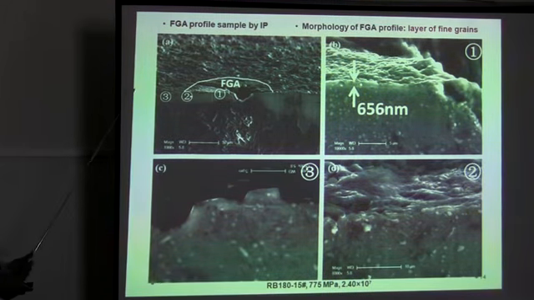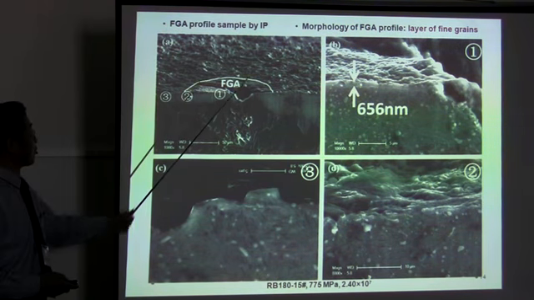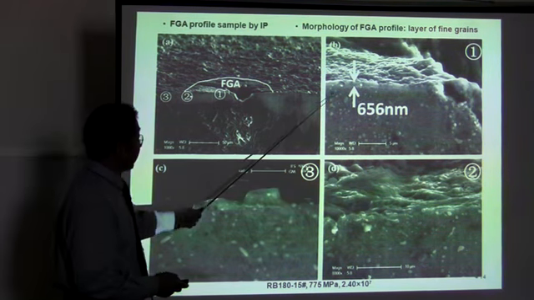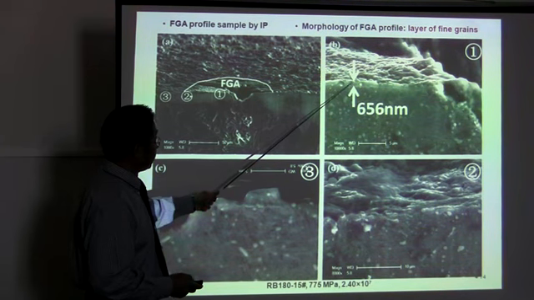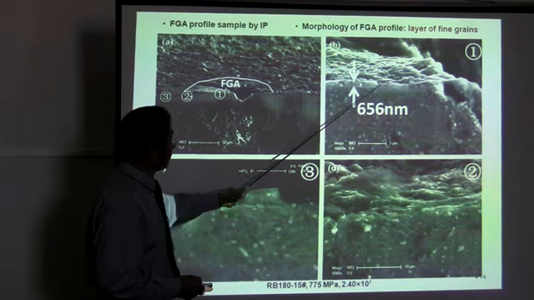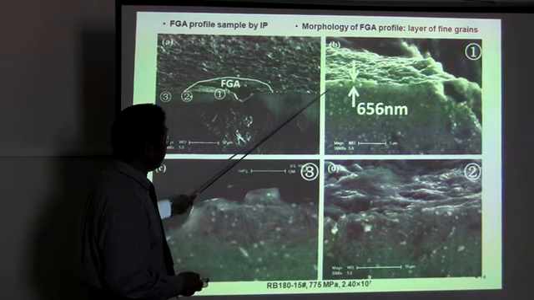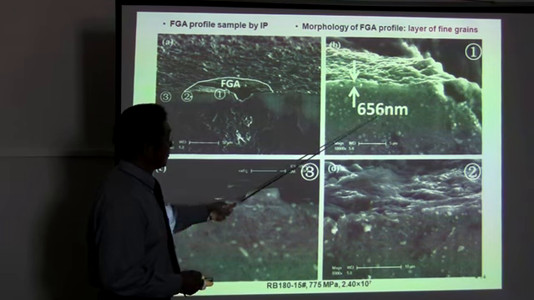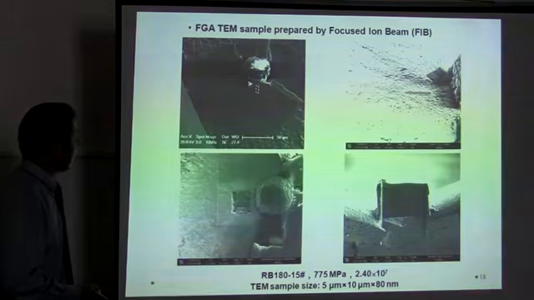And first, we use the method of ion polishing to see the profile of this initiation region, showing that there is a kind of layer of fine granular structure with about 650 nanometers.